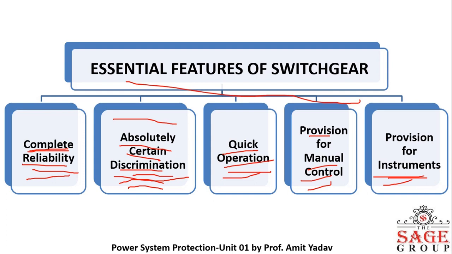So there must be some provision for instruments in the switchgear equipment so that we can measure voltage, current or any other electrical unit as per our need. These five are the very important essential features of switchgear.